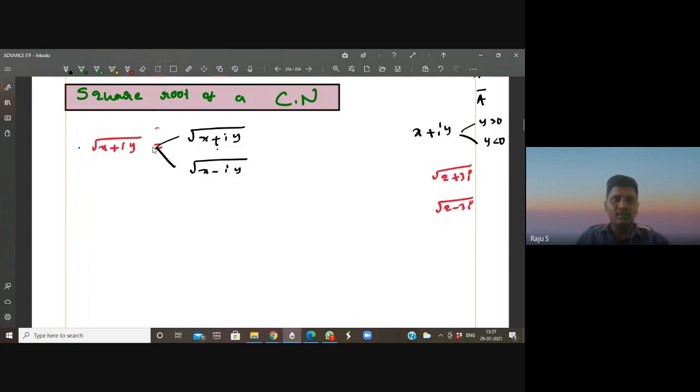In that case, I'm going to write the formula. Two cases.